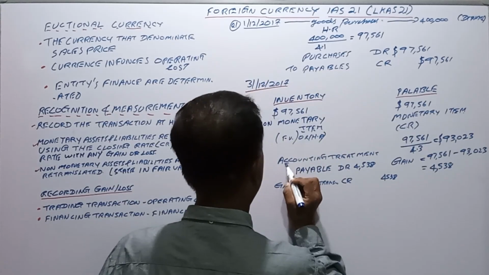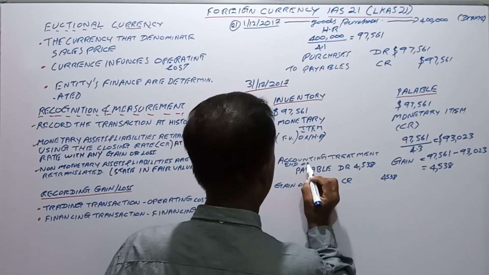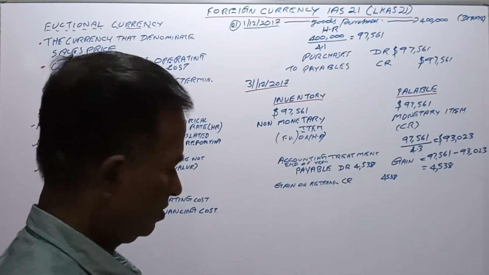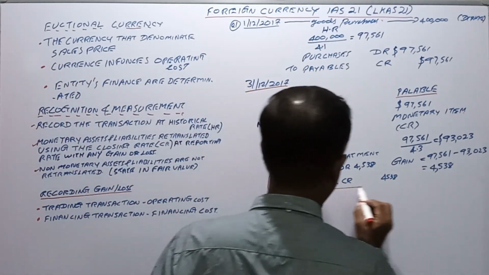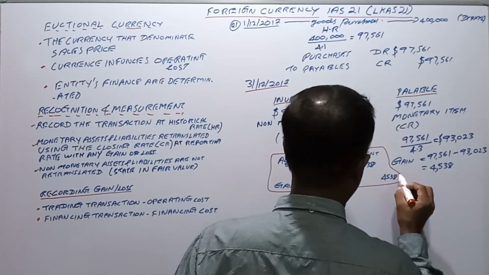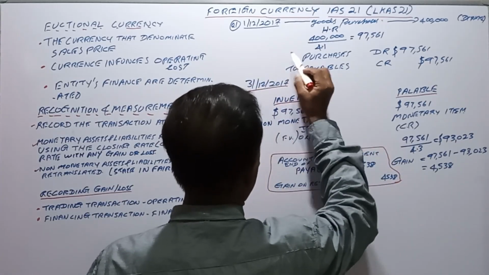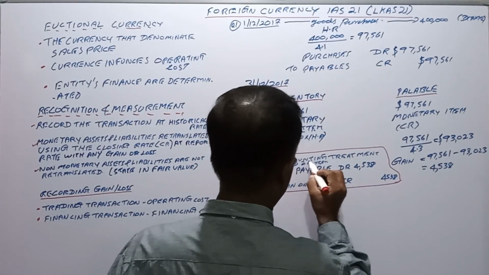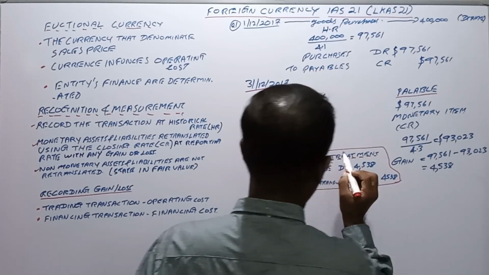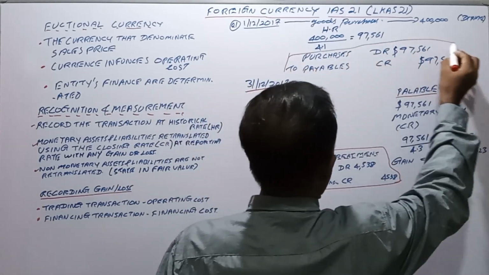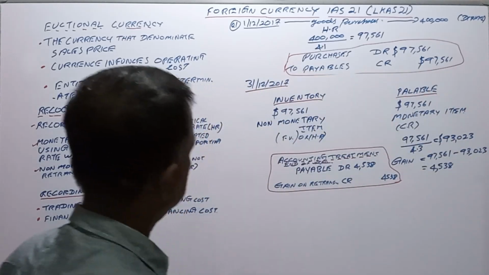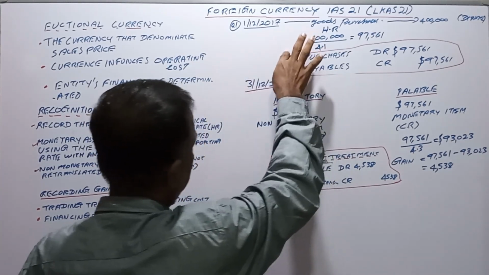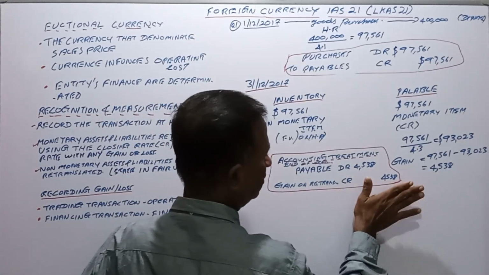This is the end of the year. This is the journal entry for when the transaction takes place, and this is the journal entry at the end of the financial year.